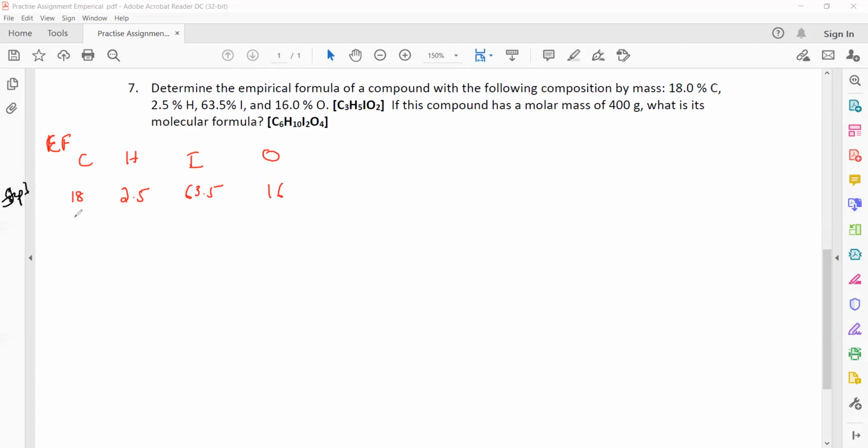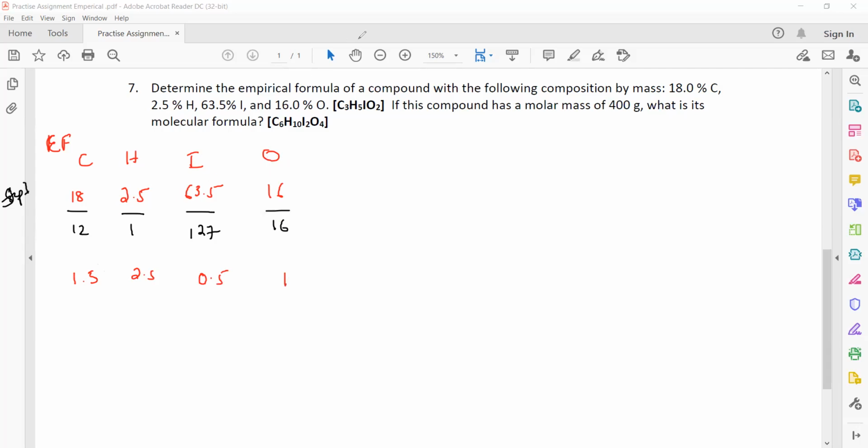For carbon it is 12, for hydrogen it is 1, for iodine it is about 126.9, or 127 you can take, and oxygen is 16. So 18 divided by 12 is 1.5, this will be 2.5, this will be 0.5, and this will be 1.